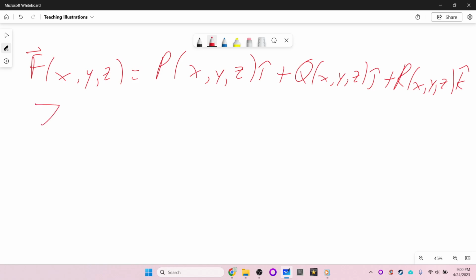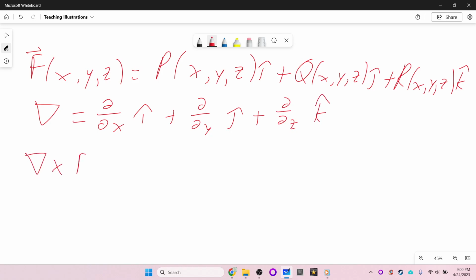Now, del, we can write in ijk notation as del over del x i hat plus del over del y j hat plus del over del z k hat.